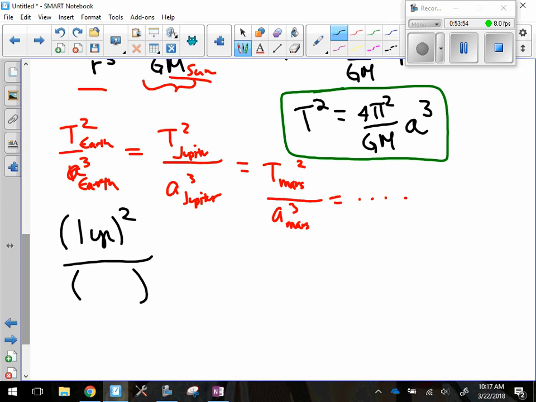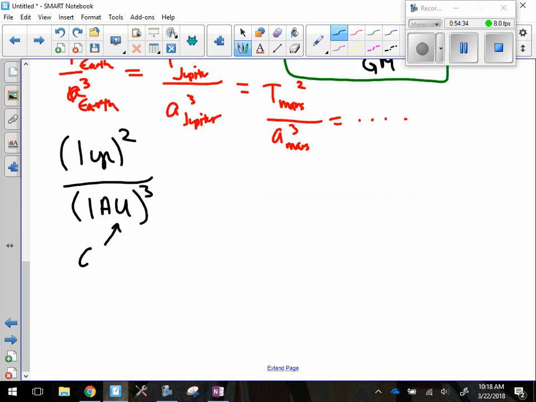Anybody know? Try Googling mean distance between sun and Earth. Well, the mean distance between the sun and the Earth is what's called an astronomical unit.